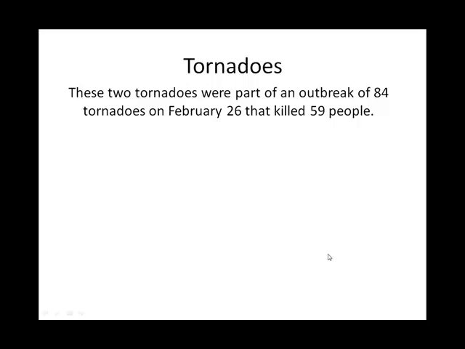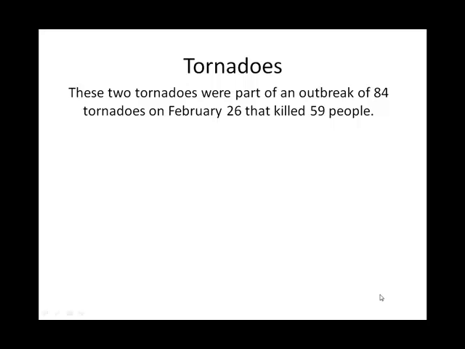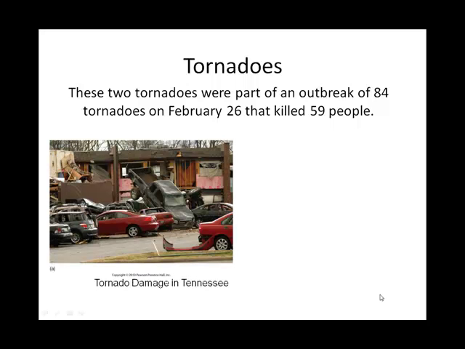In our neck of the woods, last thing up on this slide is when we need to be most cautious with our tornadoes: the late afternoon to early evening, 3 to 8 p.m., is when tornadoes are most likely to drop down from our thunderstorm cells. Not always. We definitely have our fair share of nighttime tornadoes.